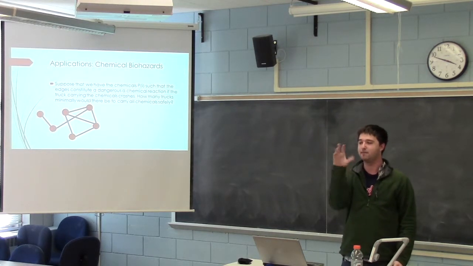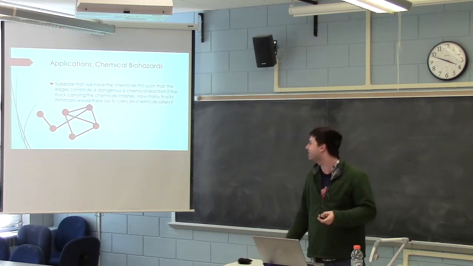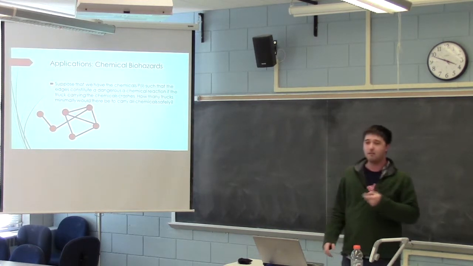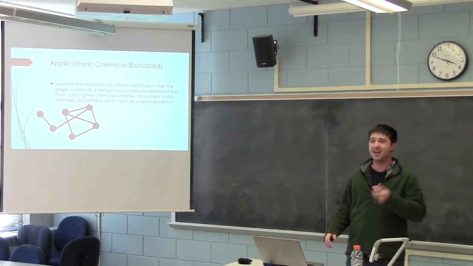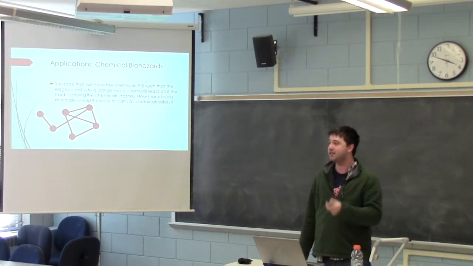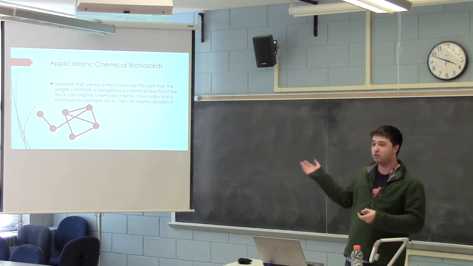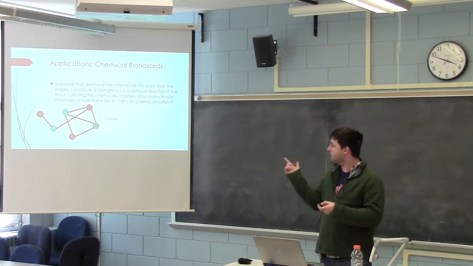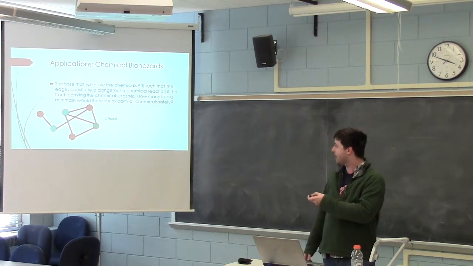And you don't want combustions to happen inside your truck. And so we say to ourselves, how many trucks will we have to take, or how many packages will we have to take to get across safely to another location? So we see that there are 3 trucks when I color the vertices.